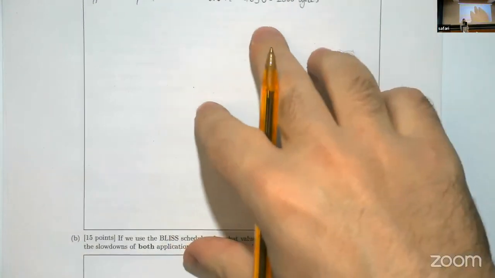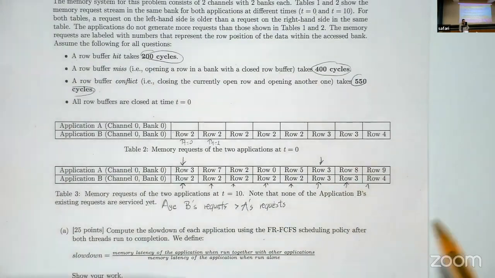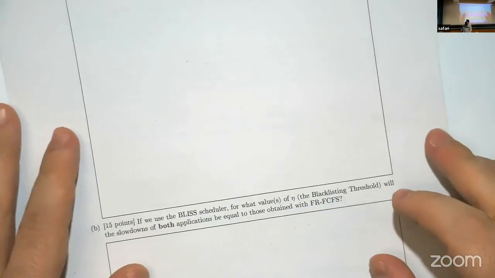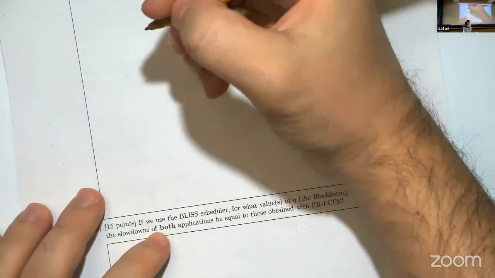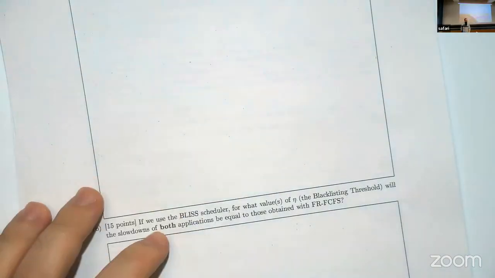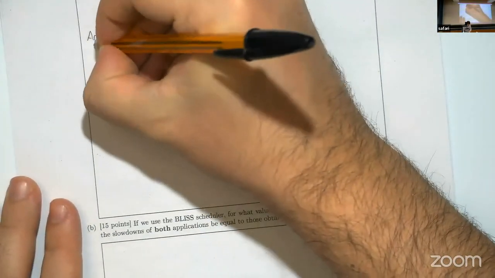So this finds one of the terms which we need, which is the bottom term. Now we need the top term. We need to actually execute application A now. How do we find the latency of executing application A while application B is running in the system? How do we do that?